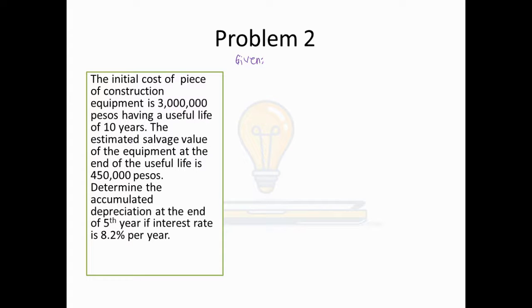So the given values, we have the initial cost of 3 million pesos, so that will be our C sub 0. We're also given the useful life, L, is equal to 10. The estimated salvage value, or C sub L, is equal to 450,000 pesos. Then we have the given interest rate, which is 8.2% or 0.082.